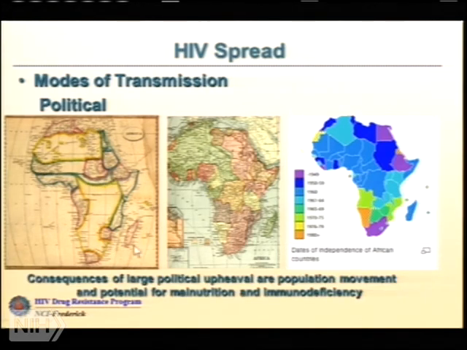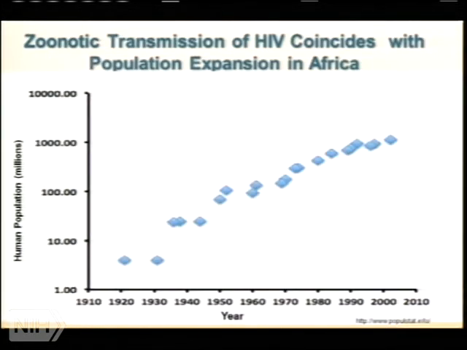That's included political upheaval, population movement, potential for malnutrition. And a malnourished human is relatively immunosuppressed. So perhaps those people were more susceptible to getting infection, and that's why more people might have got infected from a few zoonotic events.